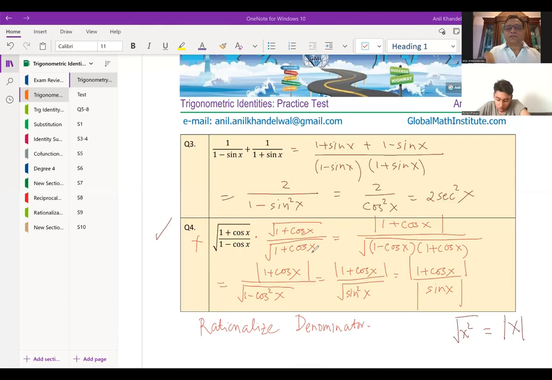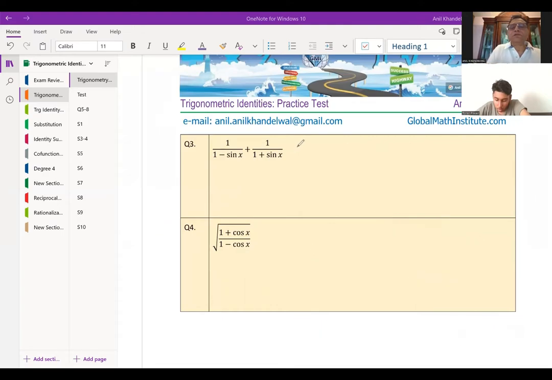So I could write this as an identity. Let me clear this. The first one, we showed equals 2 secant square x, correct? And the second one was the absolute value of 1 plus cos of x over sine x. Correct.